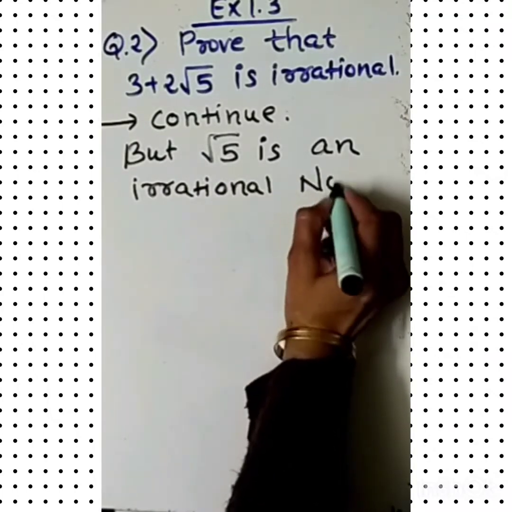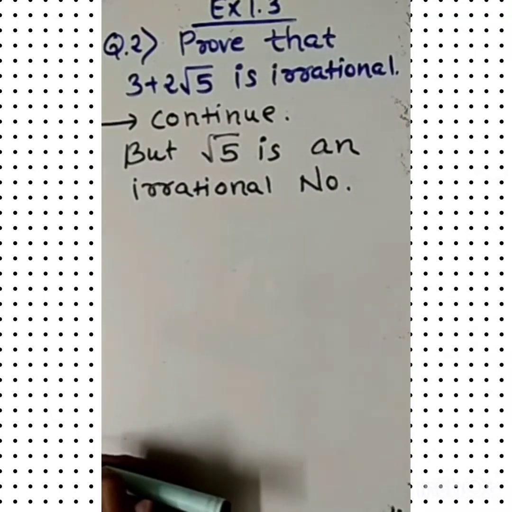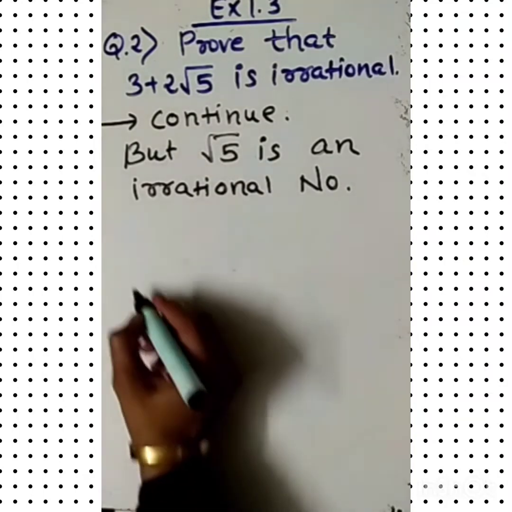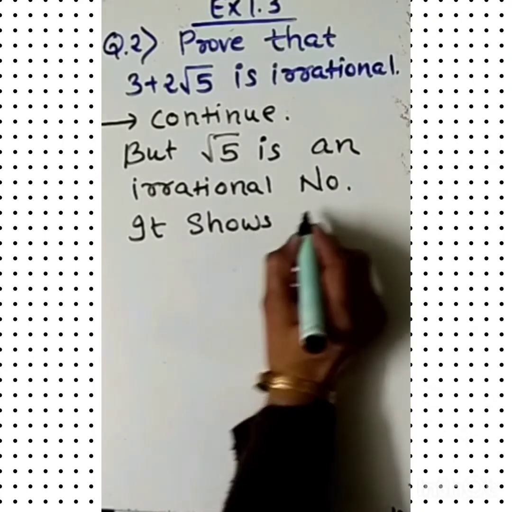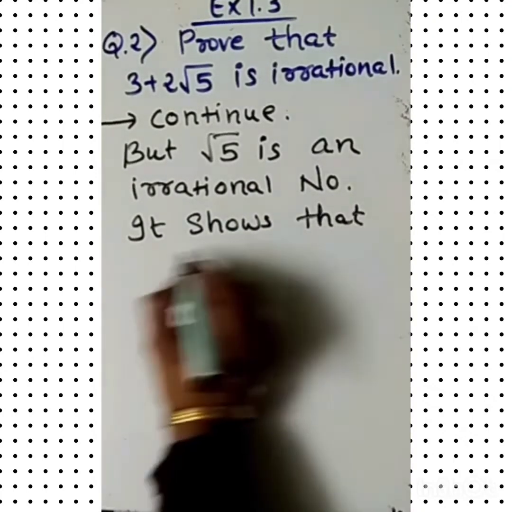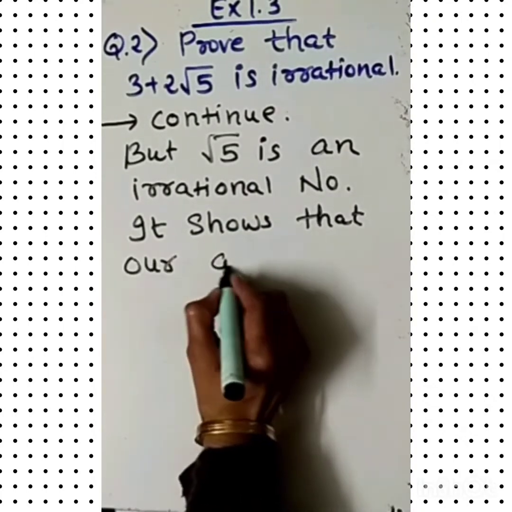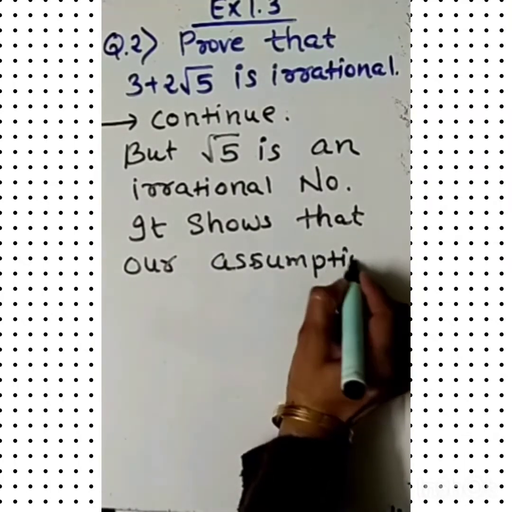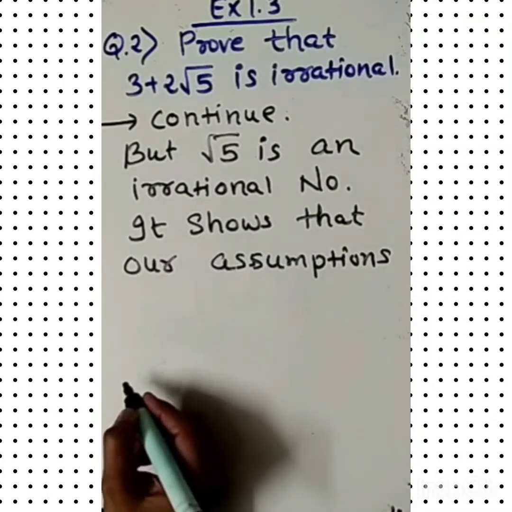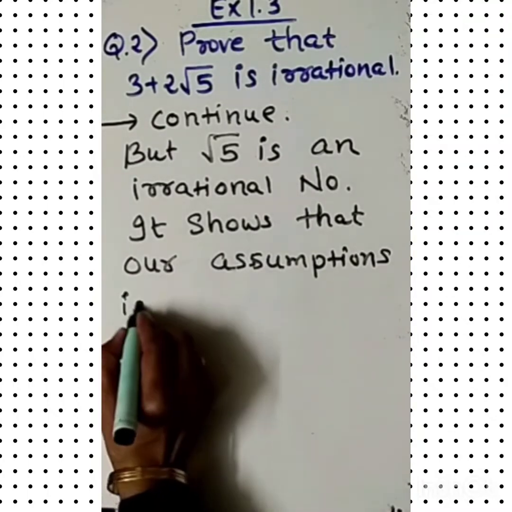This we know, this is an irrational number. It shows that our assumption is incorrect.